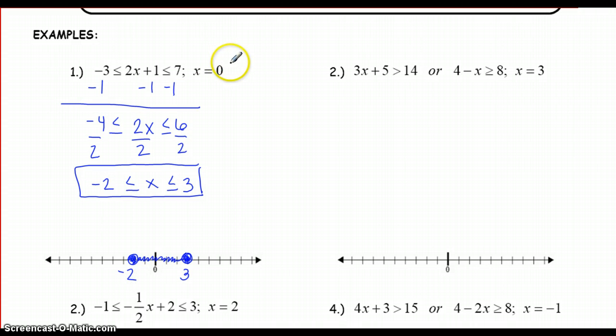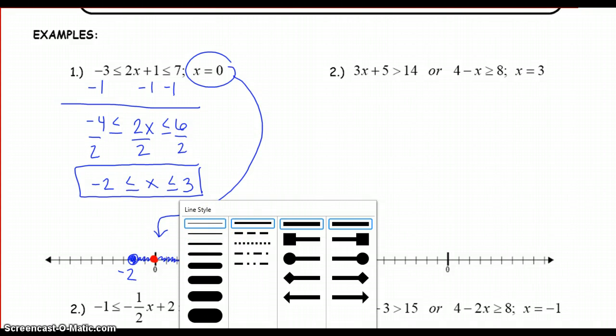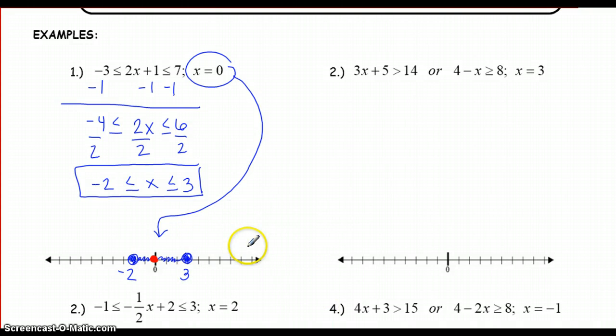So if I look at this solution and plot it on this graph, you should notice that it's in that solution region. So when the question asks whether the value is a solution to this inequality, we can say yes. So our answer here is yes.